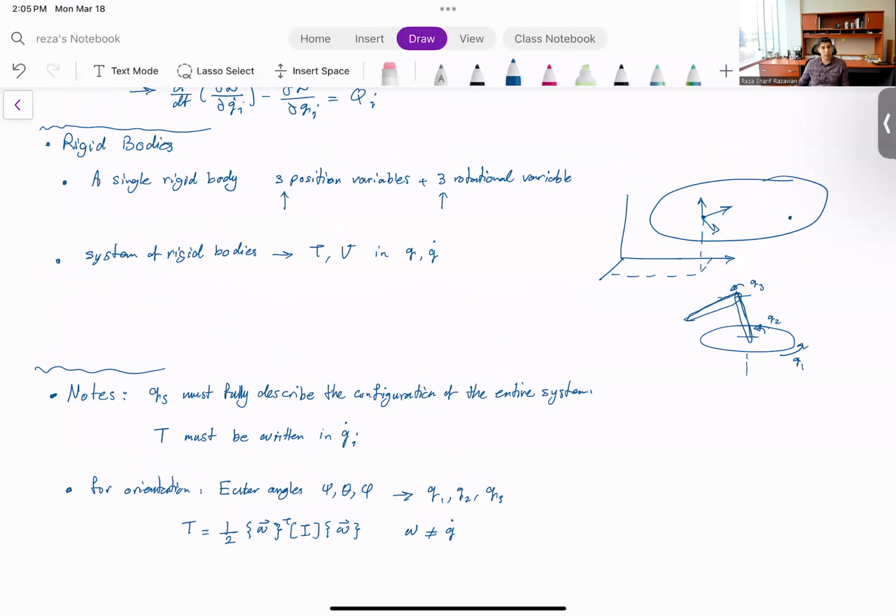The only two requirements are to find a set of generalized coordinates that fully describe the configuration of the entire system, and then write the kinetic energies as a function of the derivatives of generalized coordinates. So in the next video, let's look at the Lagrangian mechanics of just a single rigid body. Now we can take it from there. All right, enjoy.